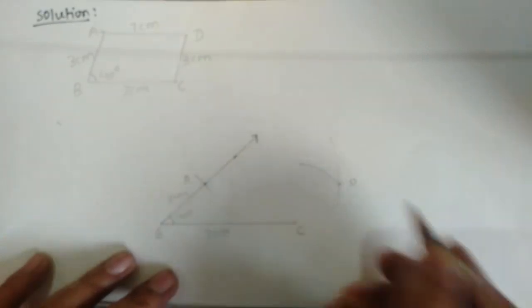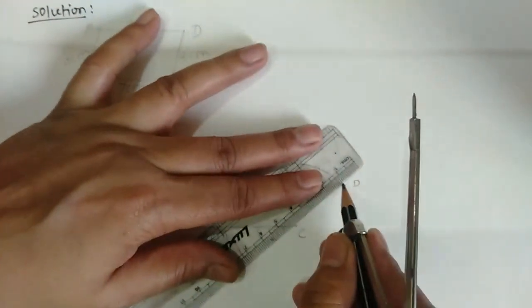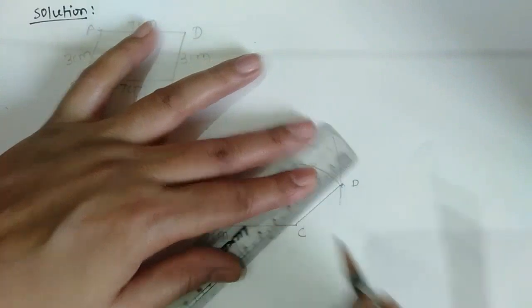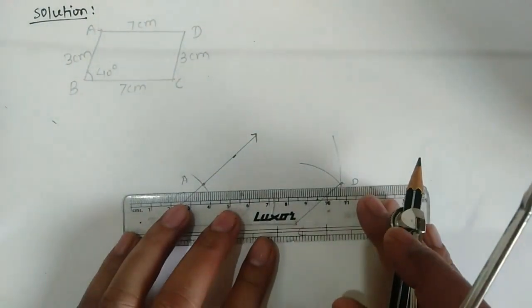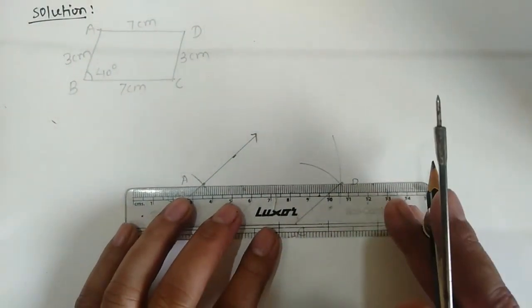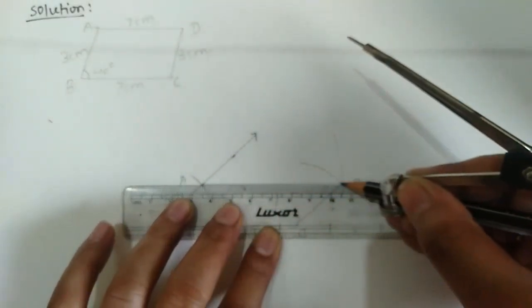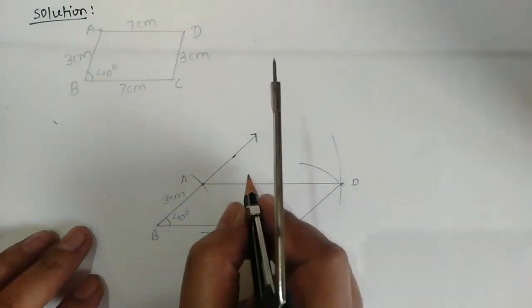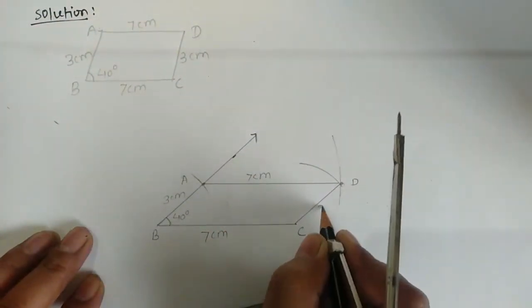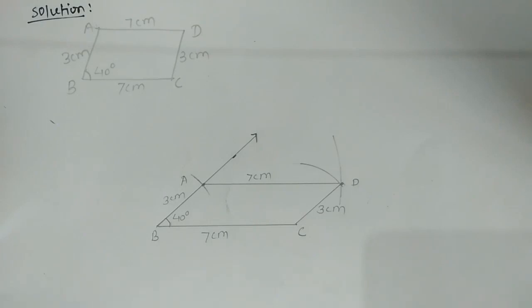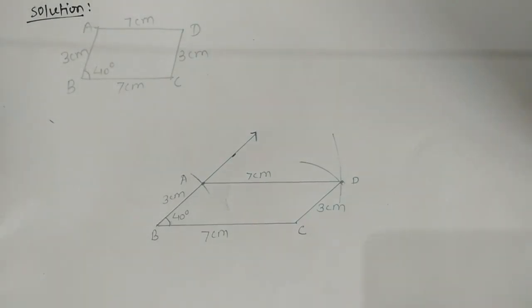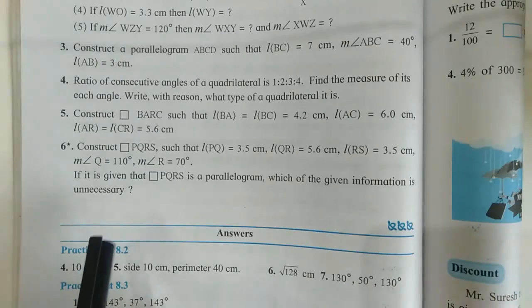This is the point D. Join this point to the vertex C as well as to the vertex A. Give the measurements here. This is 7 centimeters, this is 3 centimeters, and this is the required figure. Very simple. Now see the next question.